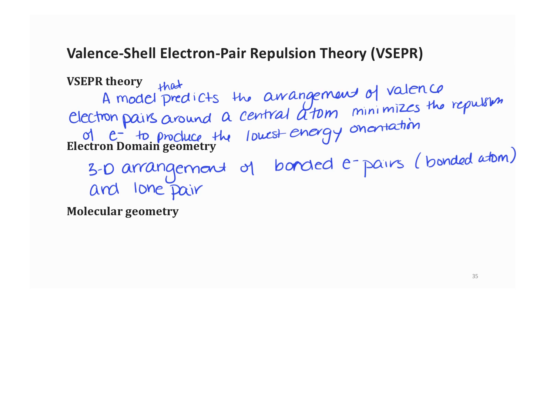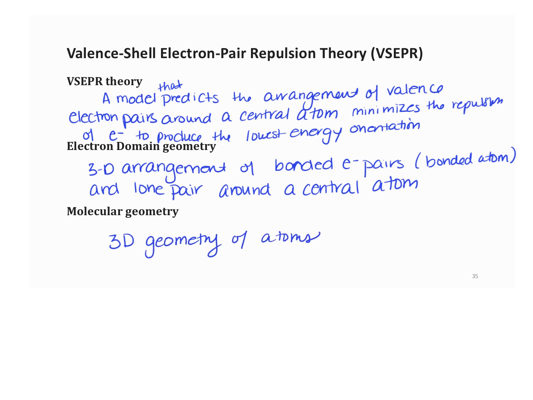So you look at all the groups that you could possibly have around a central atom. Now the molecular geometry is just the 3D geometry of the atoms in a molecule.